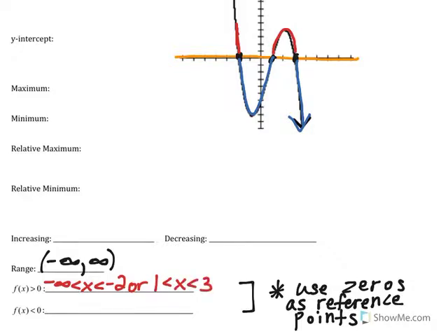So I just identified the 2 domains for the red pieces. And then it's under the x-axis, or less than 0, from -2 to 1, or from 3 to infinity. Again, identifying the 2 colors that I put on the graph there.